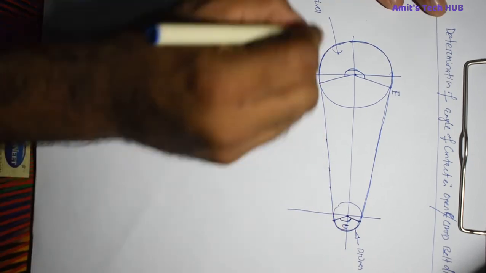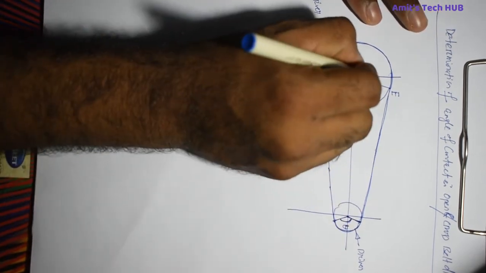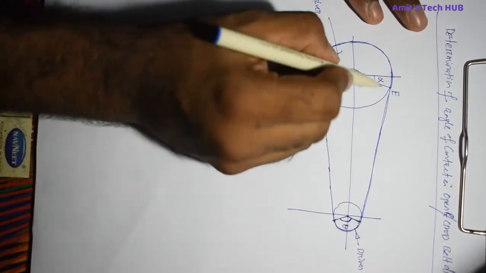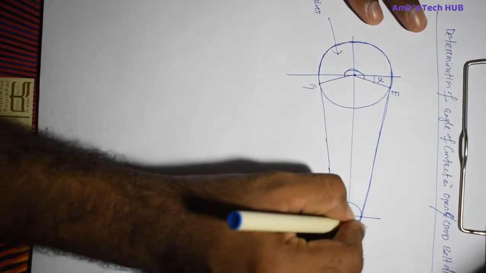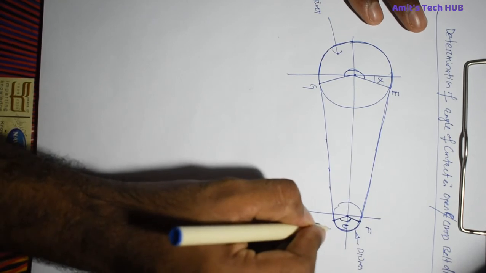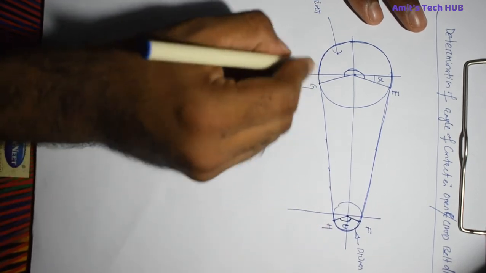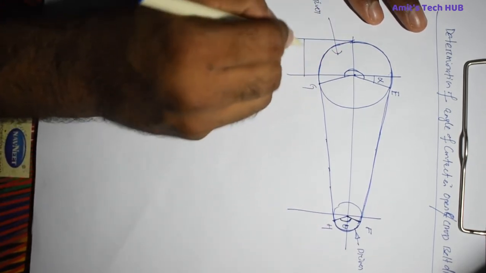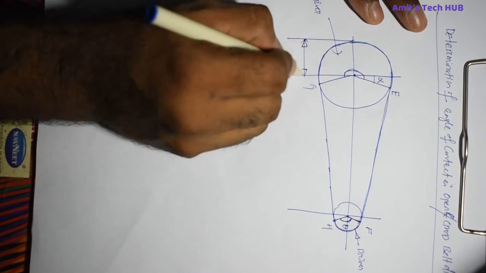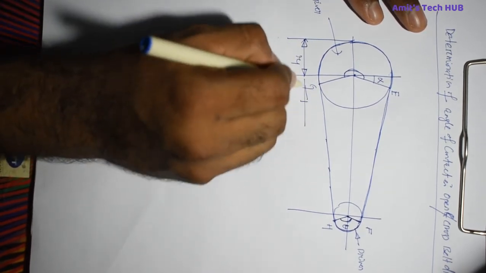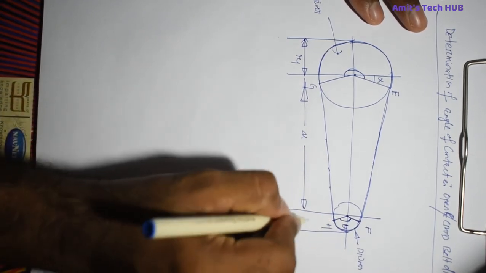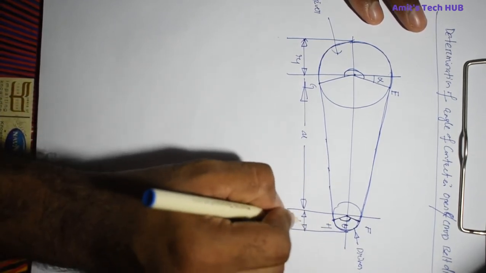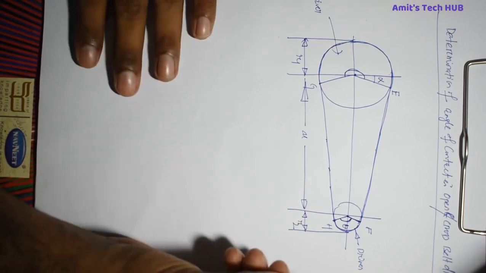Let this angle be alpha, which is known to us. Now, this is E, this is G, this is F, and this is H. We know that this is R1, this is X, as discussed in the previous video, and this is R2.